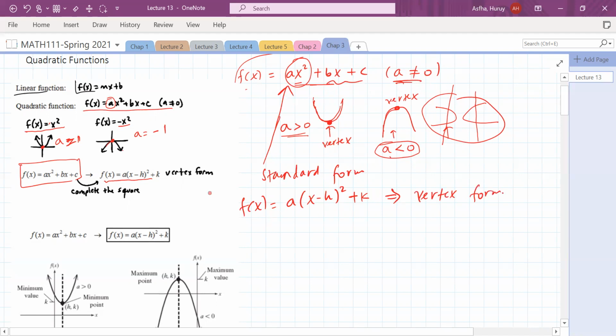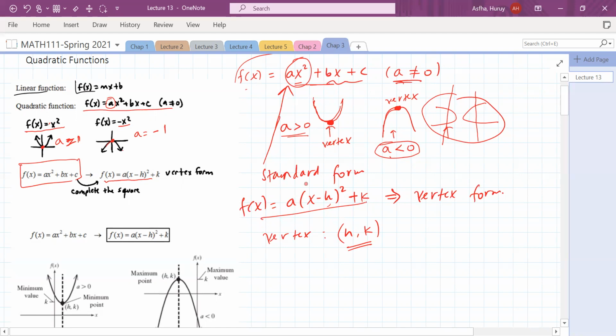If I can write f in this form, then the vertex is just the point h comma k. This point right here, or this point right here, is given by h comma k, and those h and k are the values we have right in here. This is h and this is k.